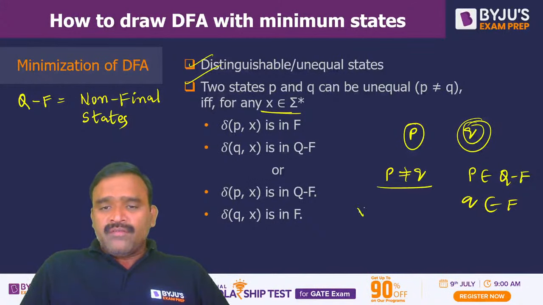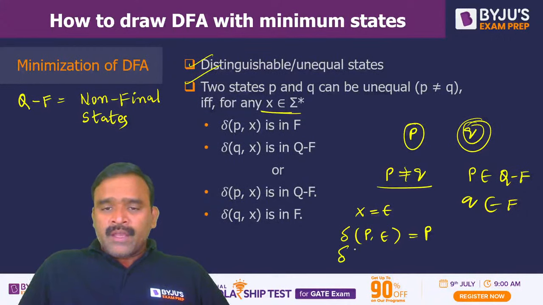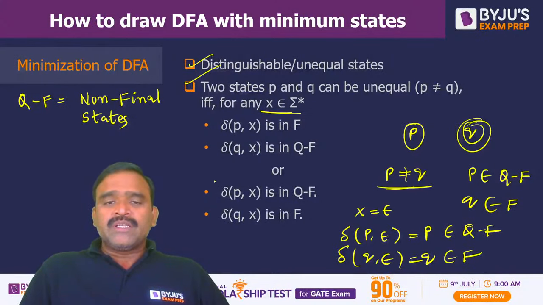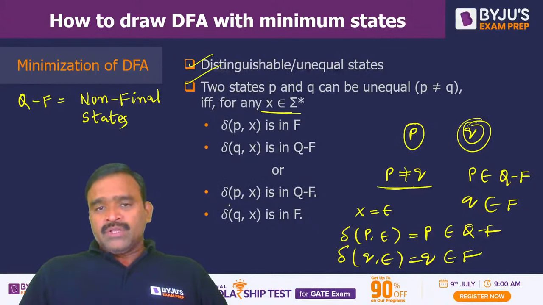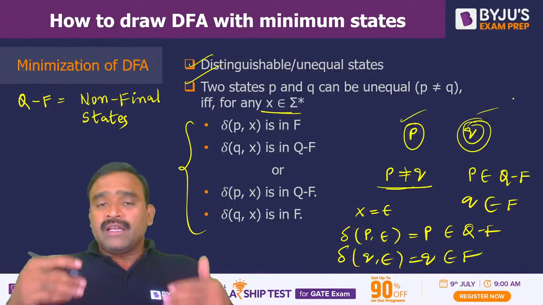For example, if I take x equal to epsilon, the transition of P comma epsilon stays in P only, because in a DFA there are no epsilon transitions. So without giving any input, it will be P only. And the transition of Q comma epsilon is in Q only. So P belongs to Q minus F and Q belongs to F, and we can say that P is not equivalent to Q because the condition is satisfied. So this definition clearly states that one final and one non-final can never be equivalent.